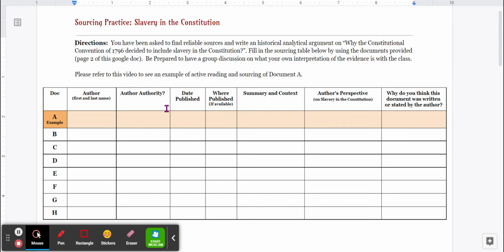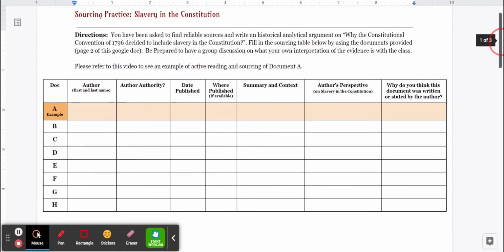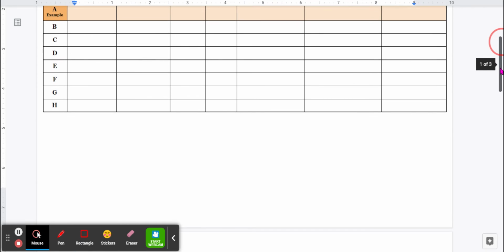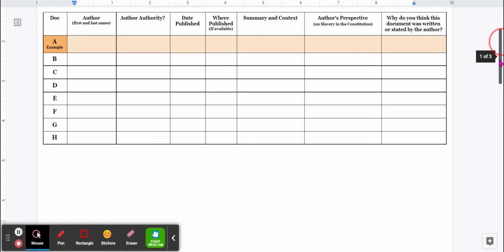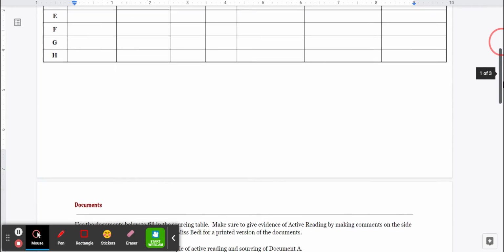So you can see example A here. This is going to be filled out on your worksheet. It's nice and orange for you to see. So we're going to go to document A, which is down here. The first thing we're going to do is actively read document A and then come back to the table.